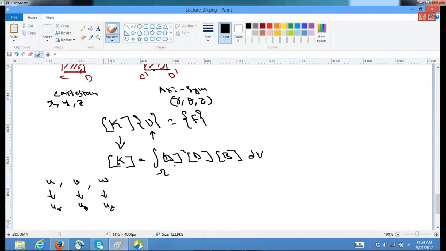So I will still retain the UVW notation, but when I say in the current problem, Ur means it is displacement in the radial direction, U theta is in the circumferential direction, and this is in the axial direction, or the axis of rotation, or the z direction.